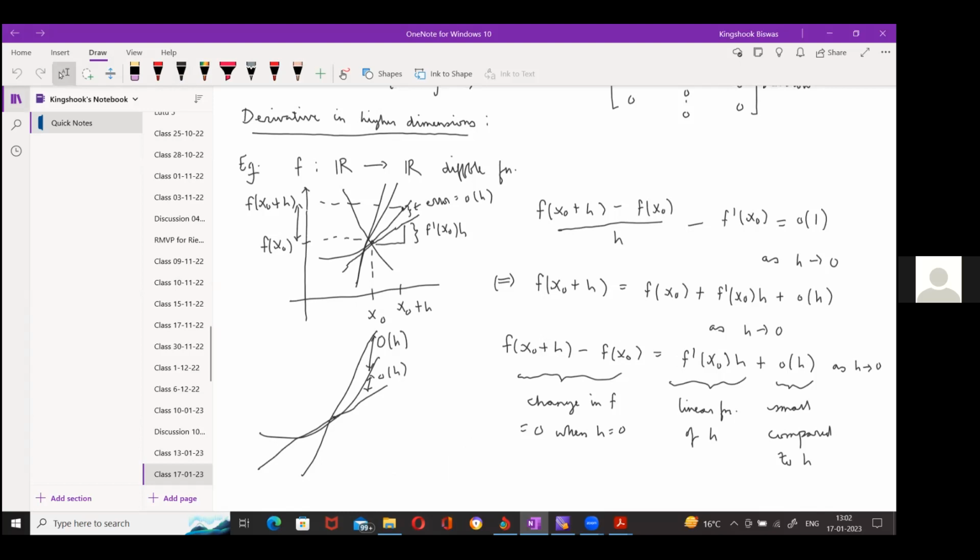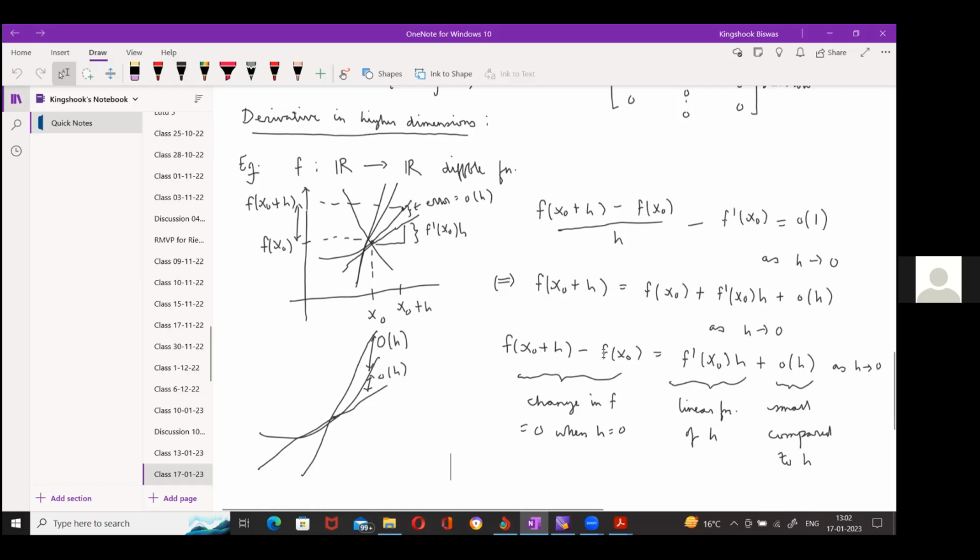Because in one dimension, of course, you can take a difference quotient, the change in f divided by the change in x, which is h. You can divide by h, but in higher dimensions, h becomes a vector. It doesn't make sense to divide by h, so this difference quotient becomes meaningless.